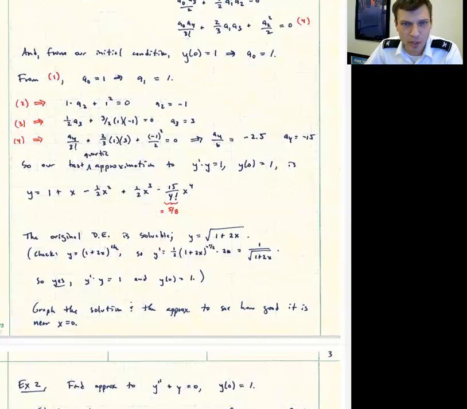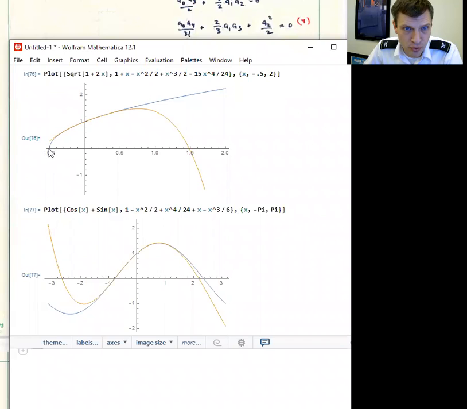And so this top equation right here, in blue, is the square root of 1 plus 2x. That's the true solution. And then in this other color, goldenrod, is my quartic. And sure enough, looking at that between -0.5 and +0.5, it does pretty good.